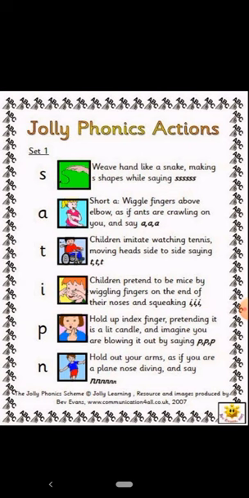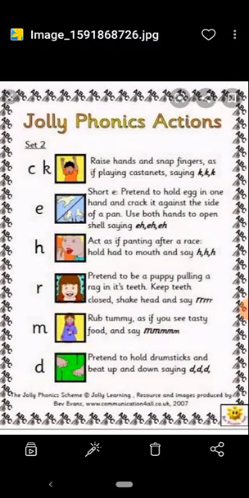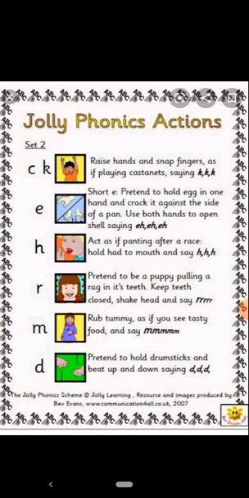Okay. That is the first set of the Jolly Phonics sounds. Let's move on to the second set. The second set also comes with its own action. Like I also established before, the first two letters you can see, the C and the K, make the same sound, k.